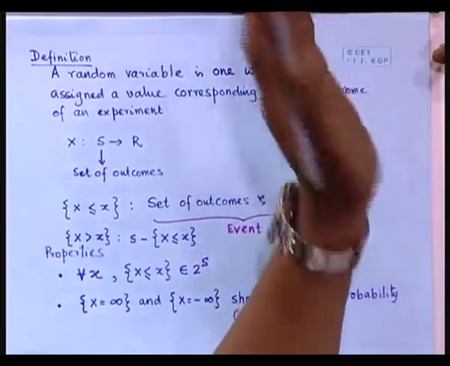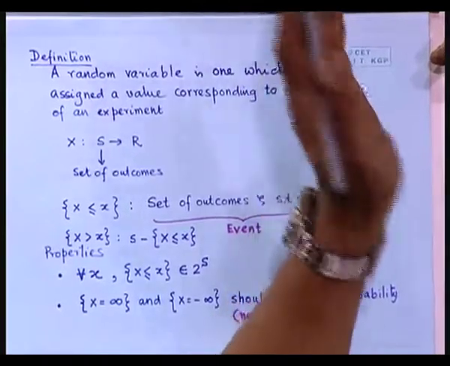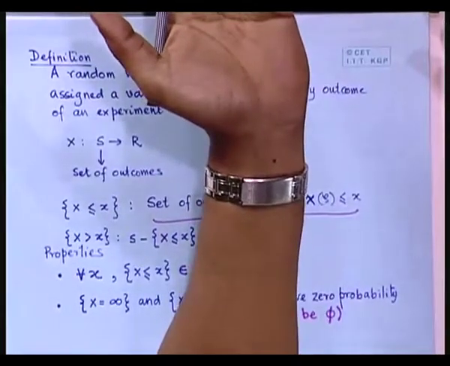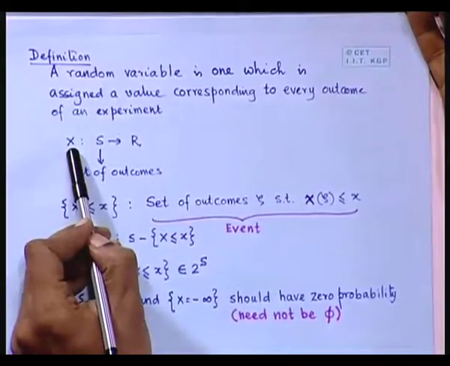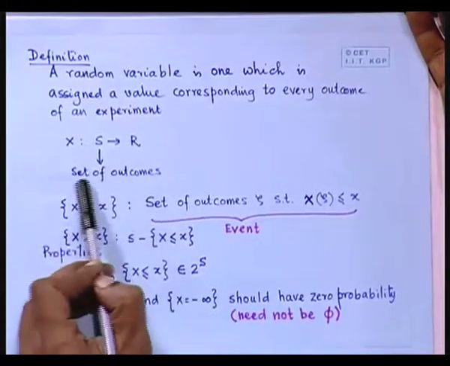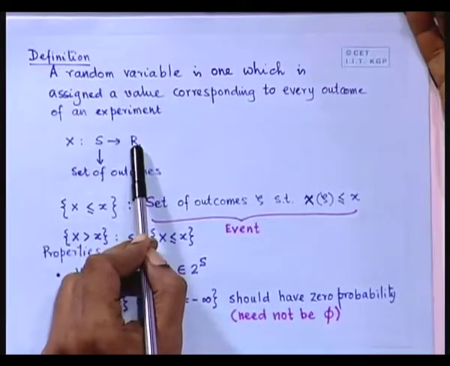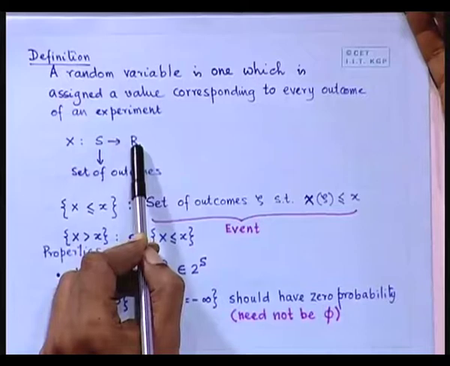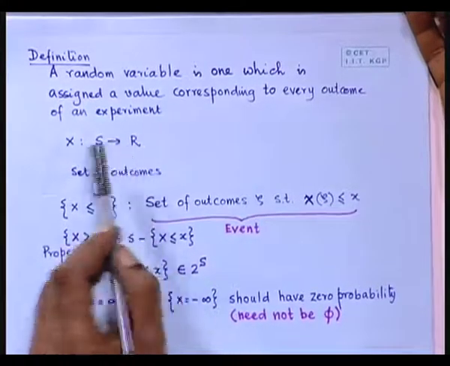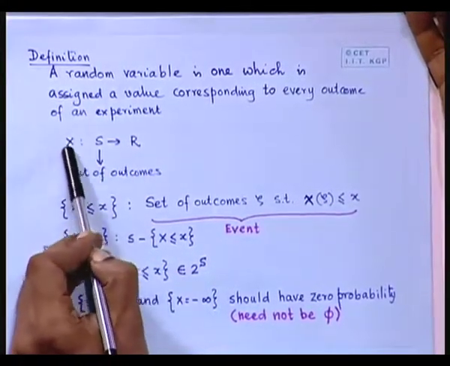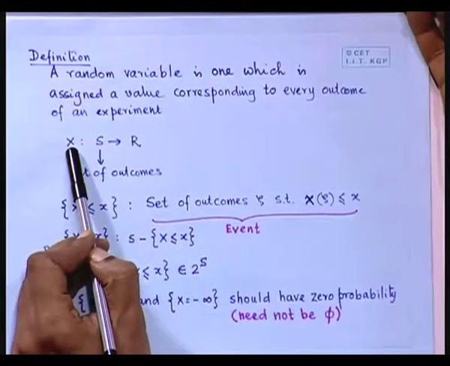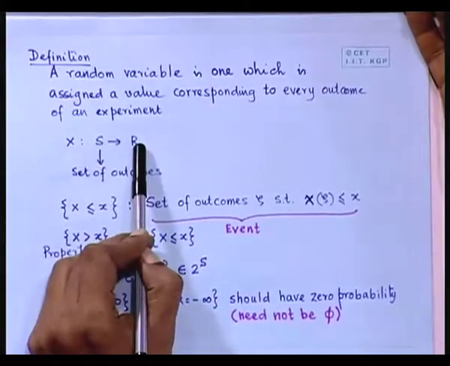For every outcome you are assigning it a value which is a real number. So, it is basically a mapping from the set of possible outcomes to reals.